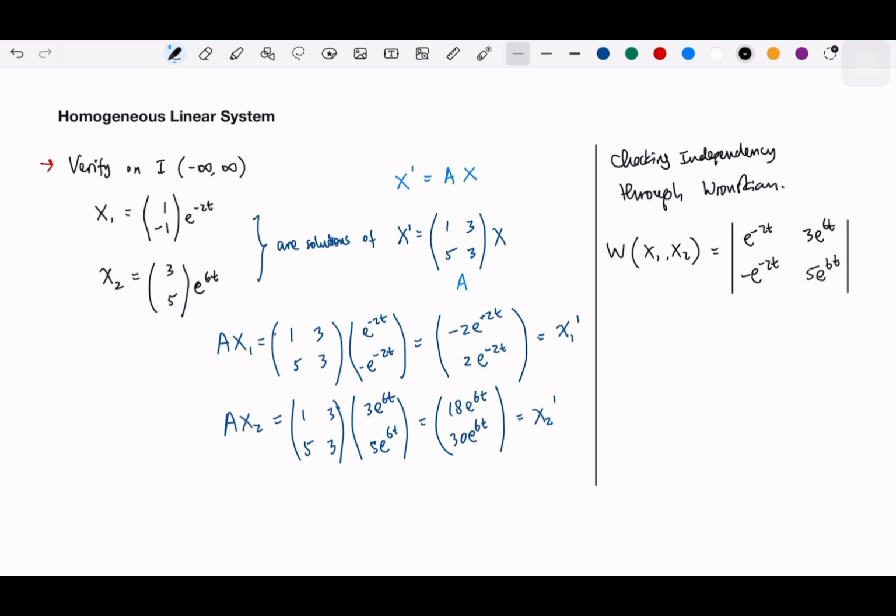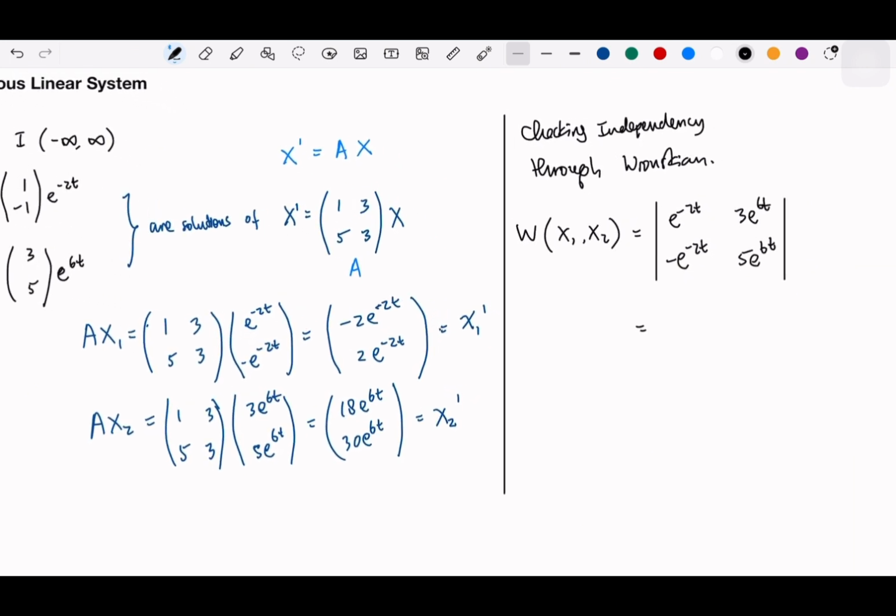And take the determinant, and we get that this will be 5e^4t minus, or plus, right?